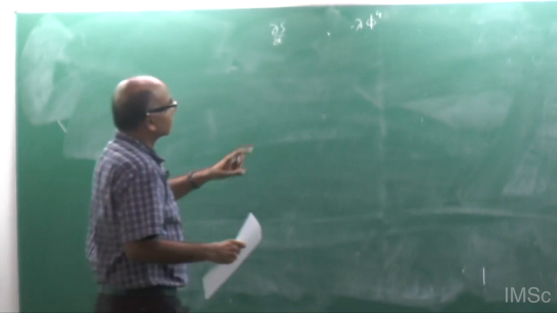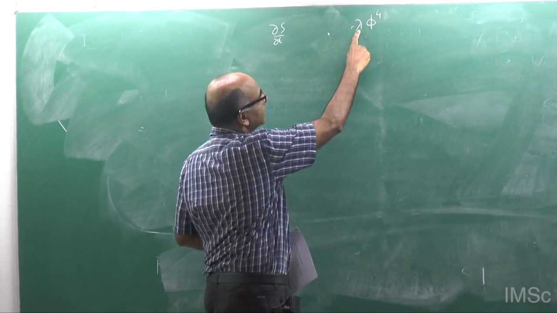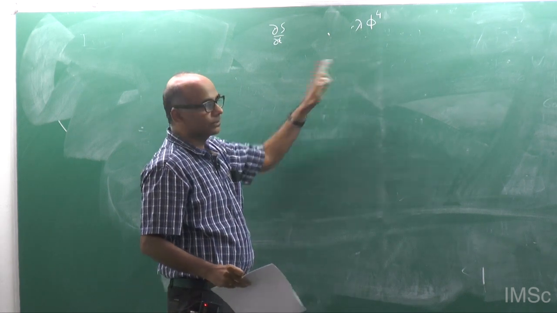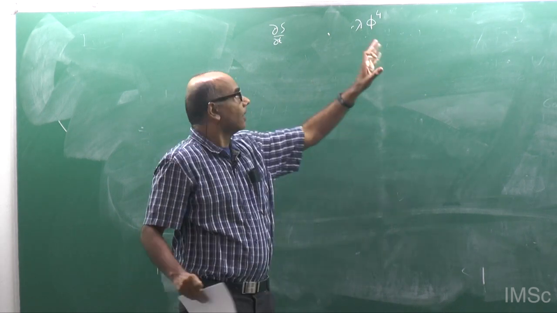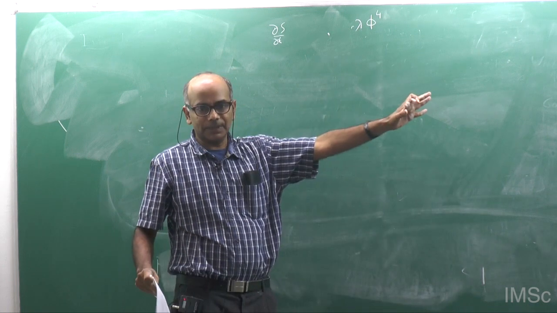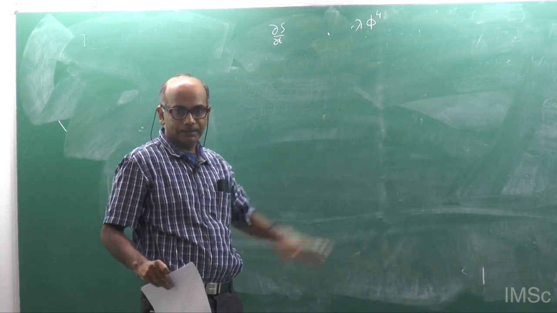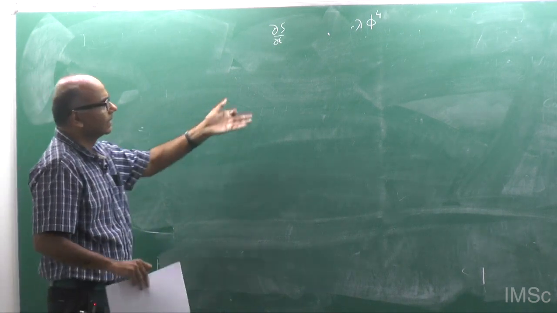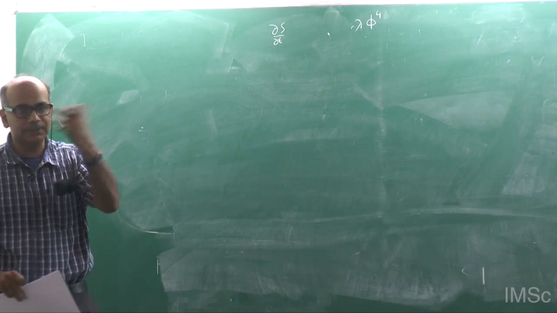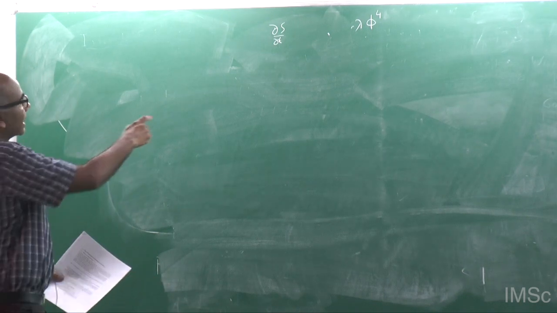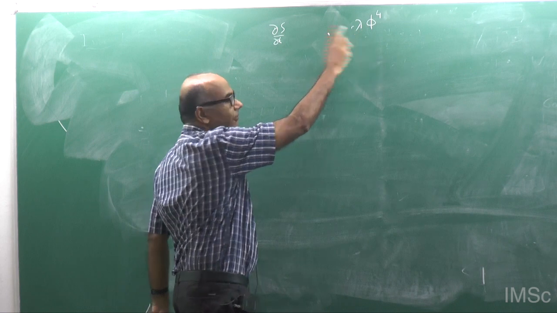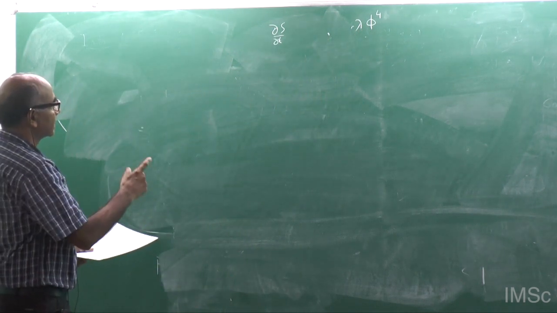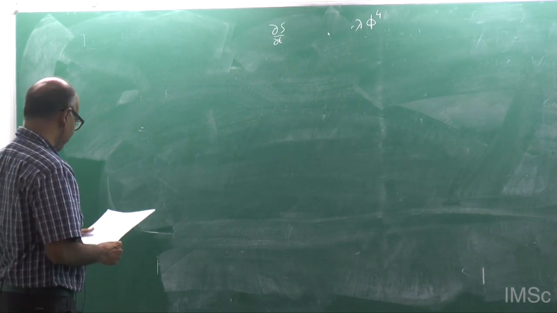So you may start with a bare theory which has just a lambda, for instance, or maybe a mass. By the time you integrate out fields, you will have an infinite number of couplings. All of them will be determined by this lambda, but they'll flow in a definite way. So it does reduce to your usual beta function equations. The only thing is, in principle, there are an infinite number of couplings that are flowing. But it all starts with the parameters of your bare theory. I'll say a little bit more about that in a minute.